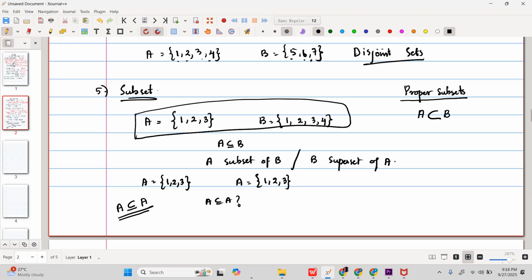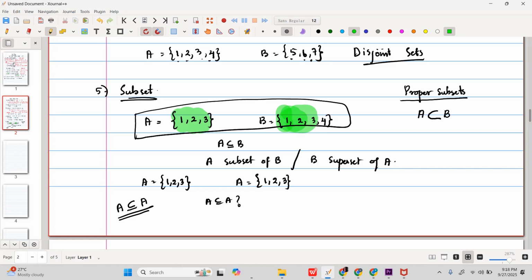For this case, all the elements of A, which are 1, 2, 3, belong to the set B, right?